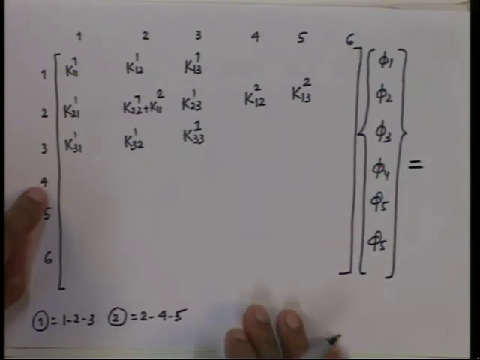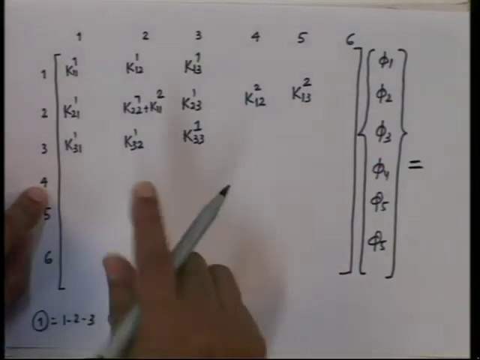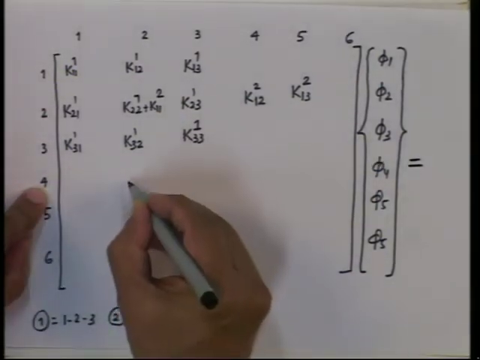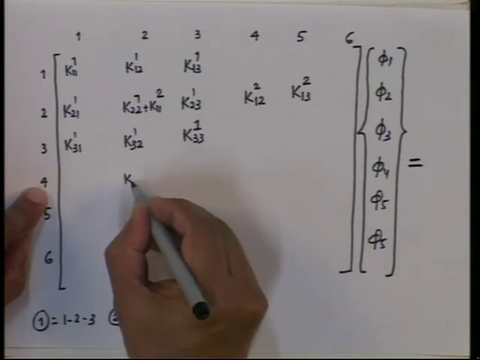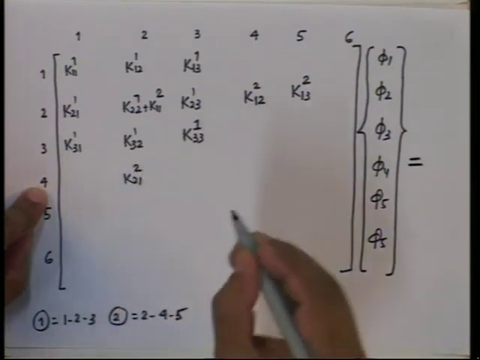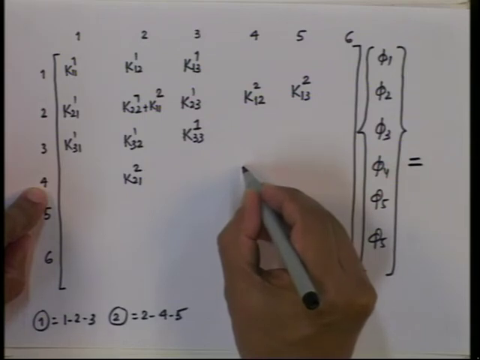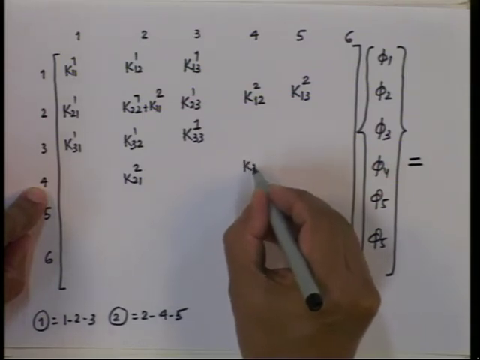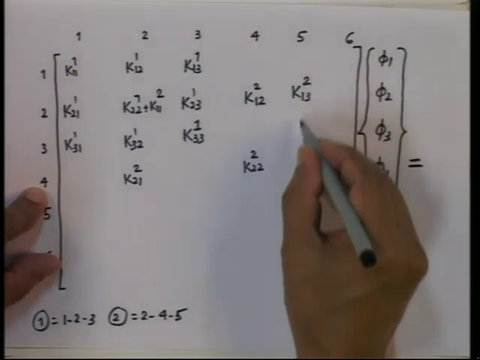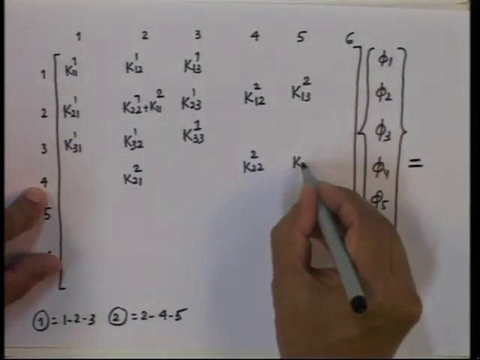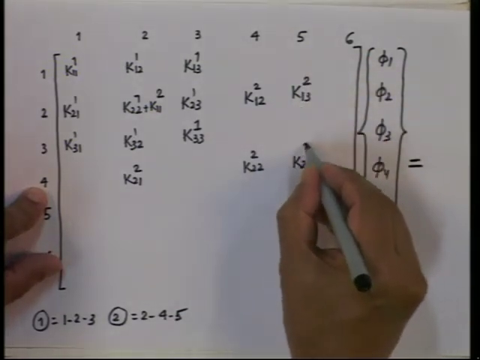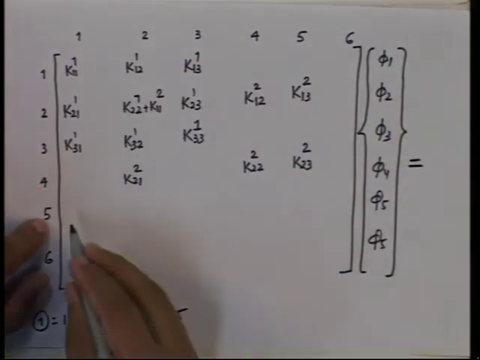Second will be now 2 4, fourth will be here, here it will be k 2 1, then k 2 2 of 2 and here k 2 3 of 2 and 5 is here.